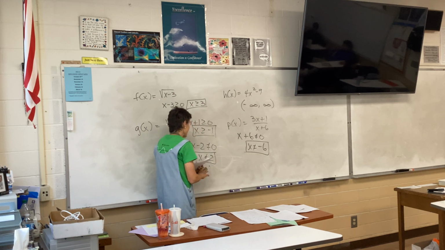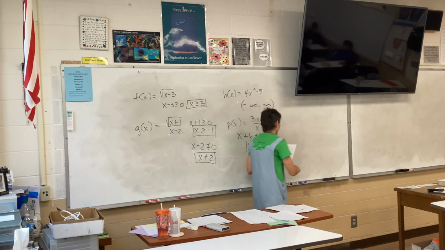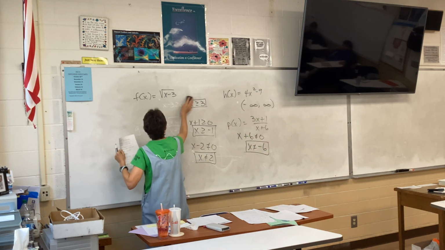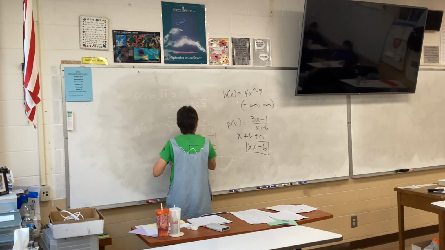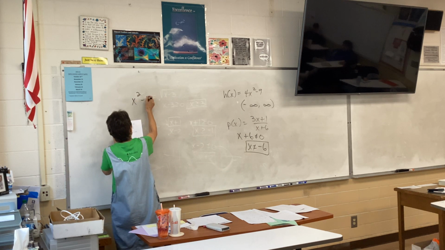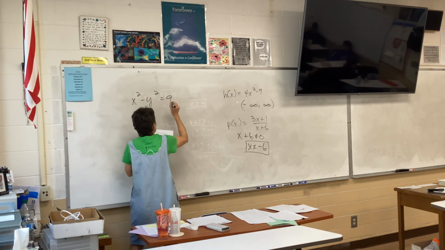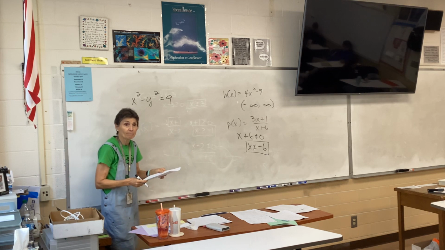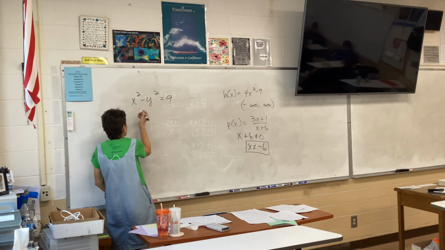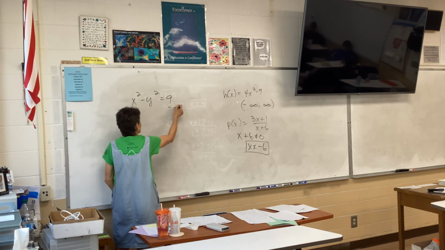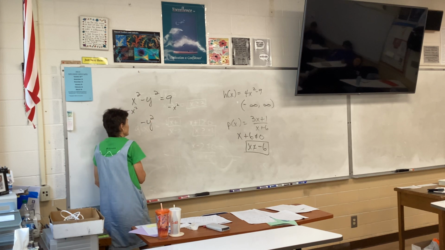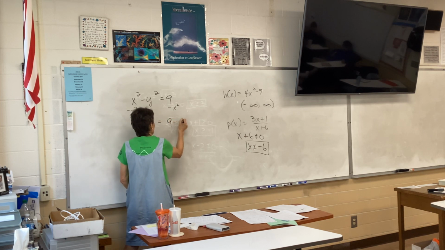Find the implicit functions for this. All right, this is the last thing we learned. Who remembers how this works? Find the implicit functions. You have to set it equal to 1. We gotta get y by itself, right? So, if I subtract x squared, I'll have negative y squared equals 9 minus x squared.